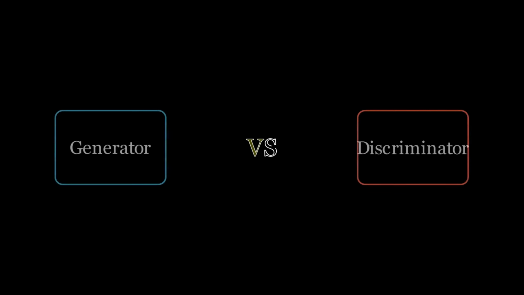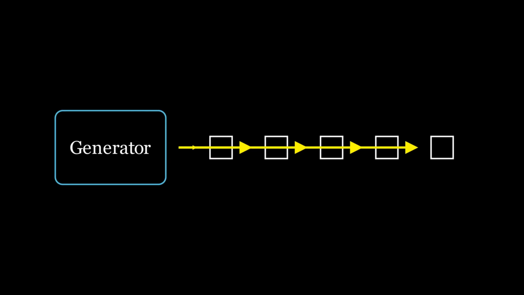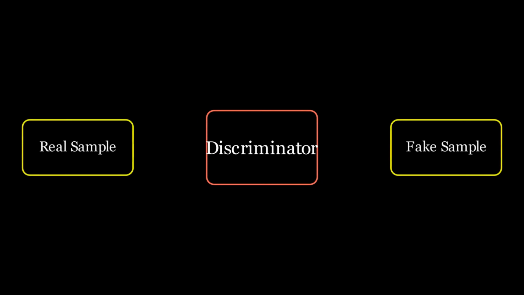Now, following this architecture, we have generative adversarial networks, better known as GANs. This was first introduced by Ian Goodfellow in 2014. This architecture has 2 main components, a generator and a discriminator. The generator learns how to produce new images that get more realistic, and the discriminator tries to tell the difference between the actual image and the generated image.